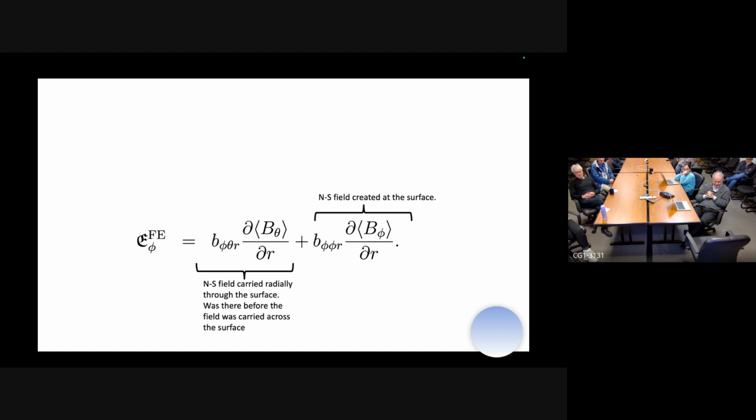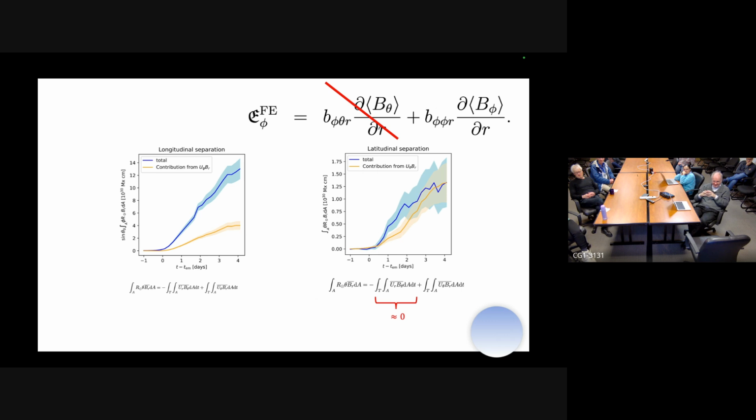One is B phi theta R, and the other is B theta R, and these act on radial derivatives of the horizontal field. But we saw from the observations that the contribution coming from the radial derivative of B theta was small. So we're not carrying north-south component of the field through the surface.